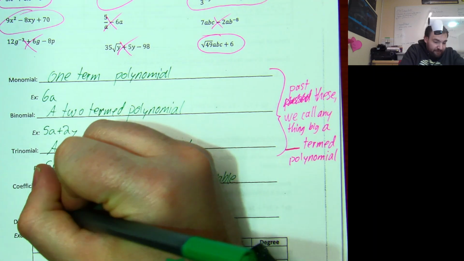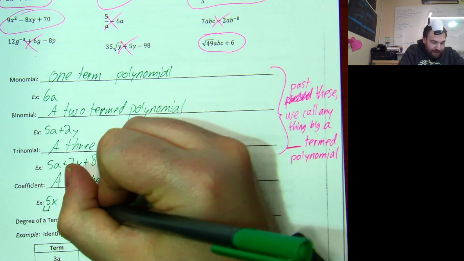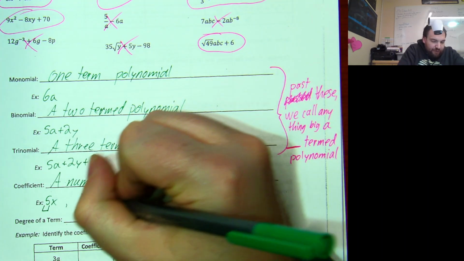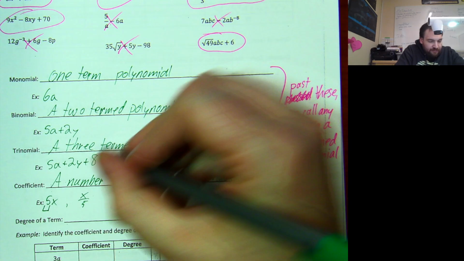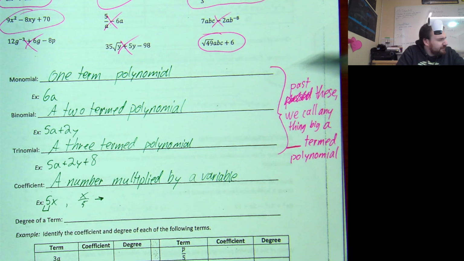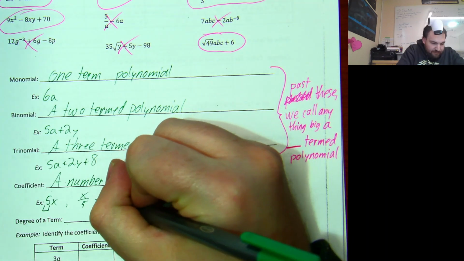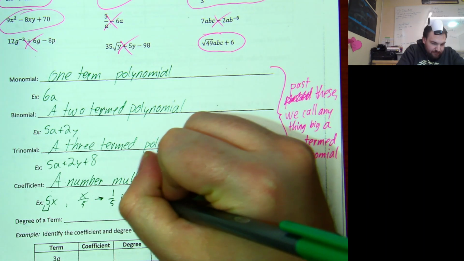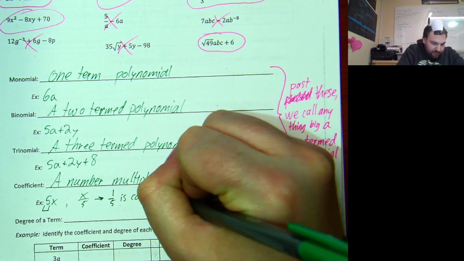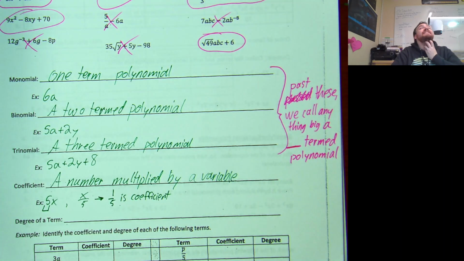It's 5. If I had x over 5, what would be my coefficient? It would be 1 over 5. Which we definitely did at the beginning of the first chapter, or the last chapter.